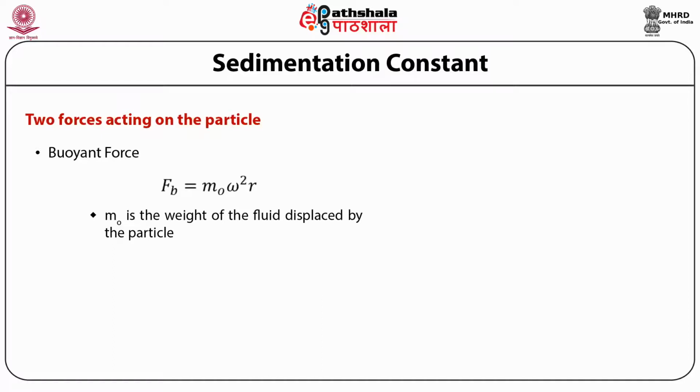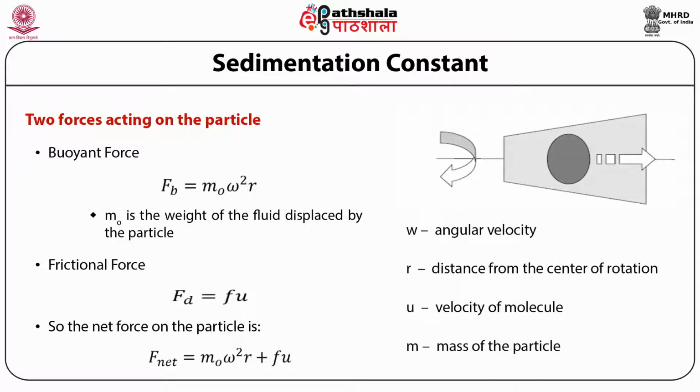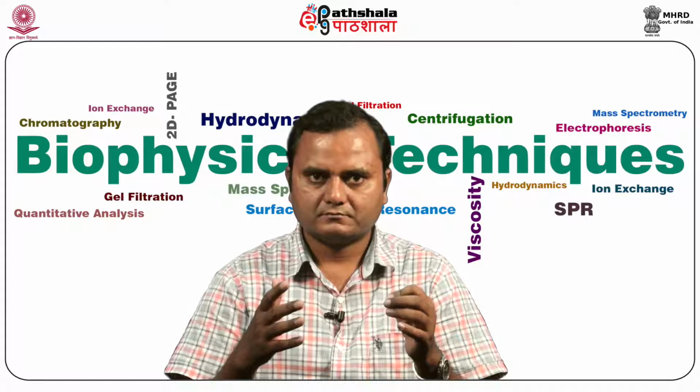The other is the frictional force, given as f v, so that the net force on the particle is zero. F net is given as m omega square r plus f v. The net force on the particle is equal to the mass times the acceleration, which in this case is the angular velocity squared times the radius.